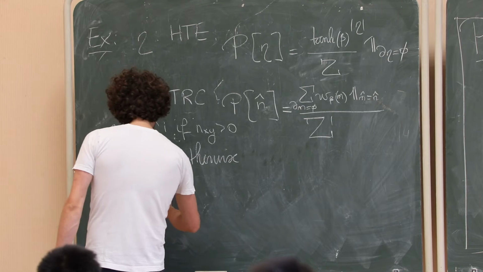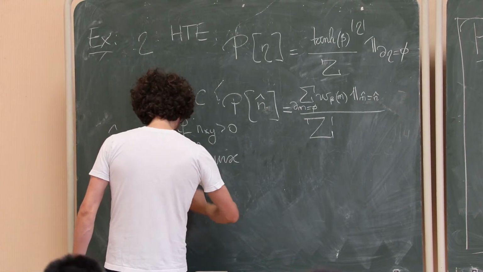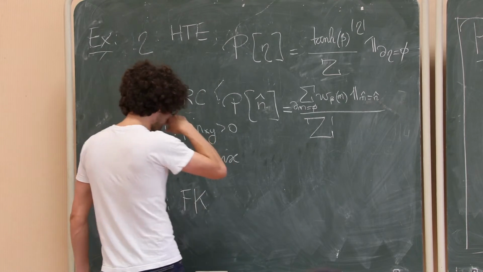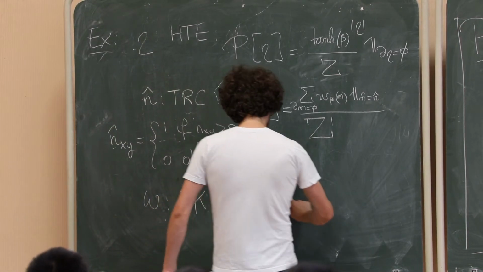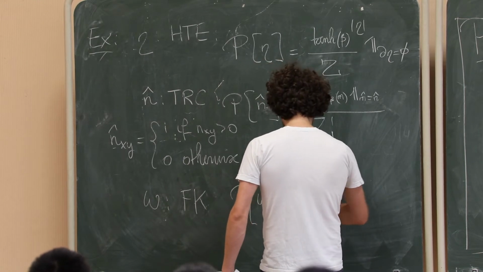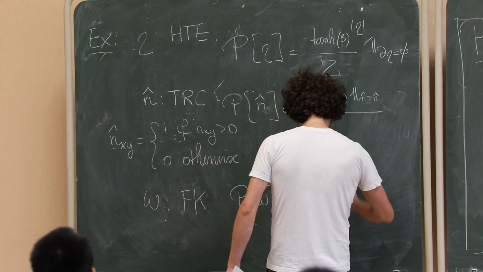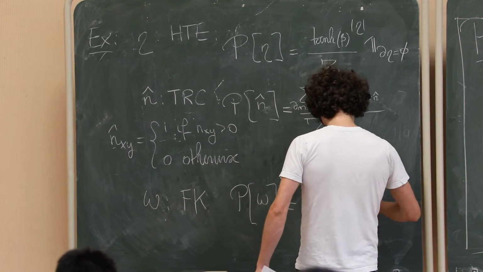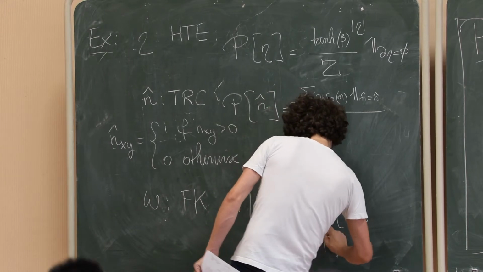And the last one, omega, is just the random FK Ising configuration. So the probability of omega is just phi 0 G p of omega, where p is equal to 1 minus e to the minus 2 beta.